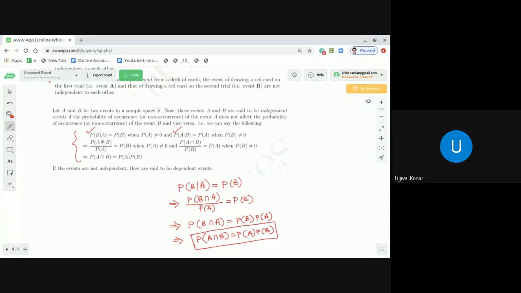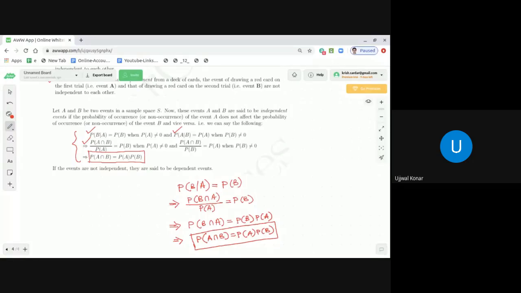Then what we get, probability of A intersection B by probability of A is equal to probability of B when probability of A is not equal to 0, and probability of A intersection B by probability of B is equal to probability of A when probability of B is not equal to 0. So finally what we get, probability of A intersection B is equal to probability of A into probability of B. This is the required condition to conclude whether the events A and B are independent or not.